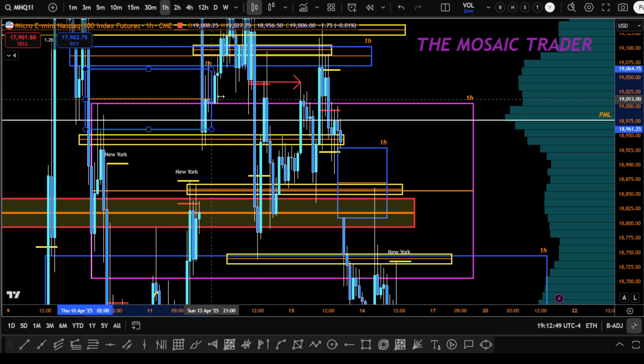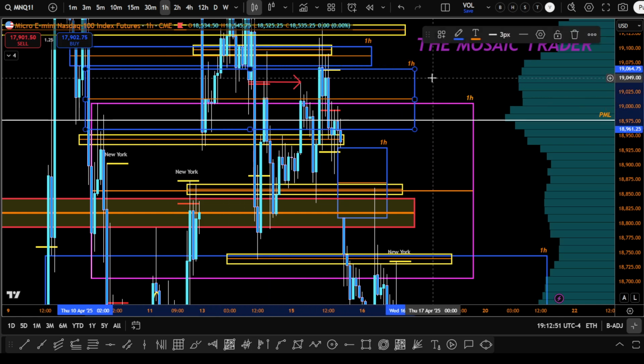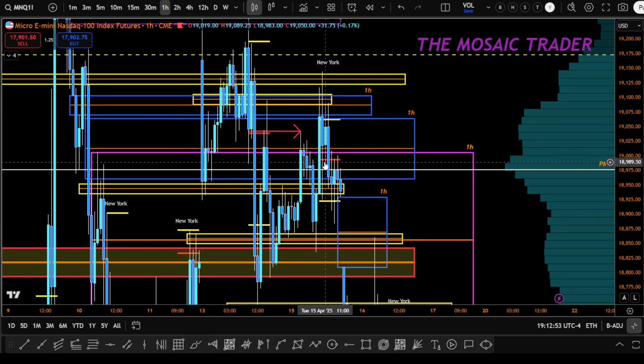Let's pull this fair value up over here. Then went back down again, went through, pierced through here, but this area here stopped it, right? All the way back up again to this node here again.